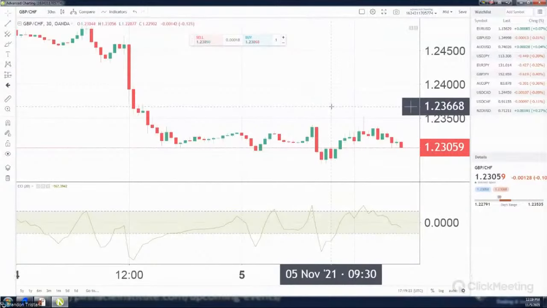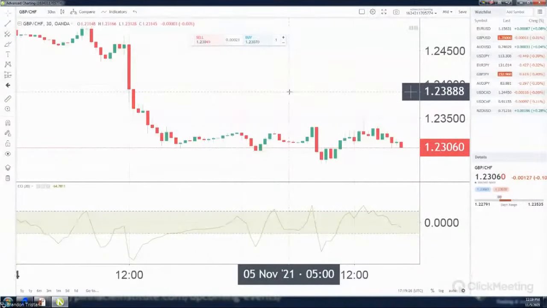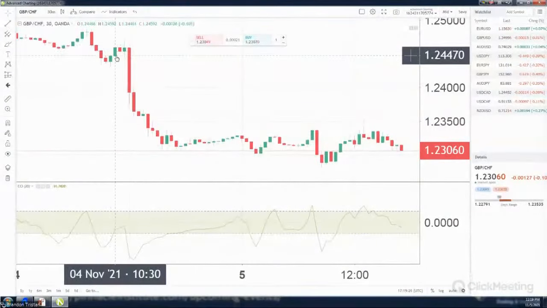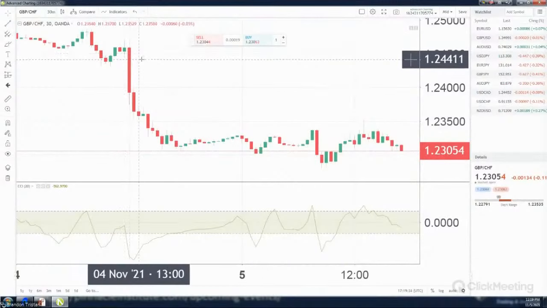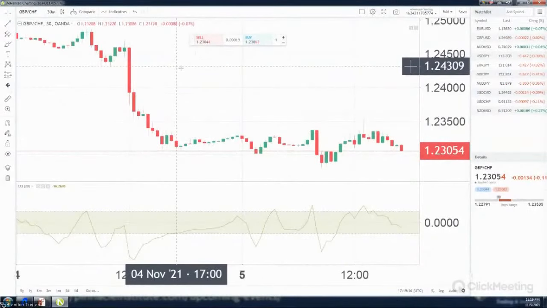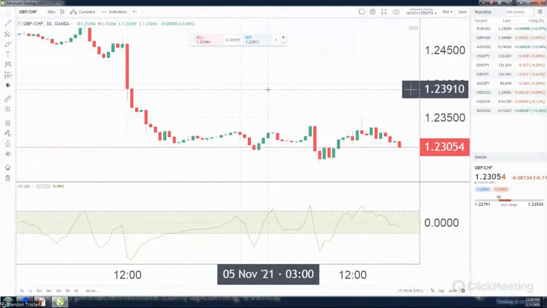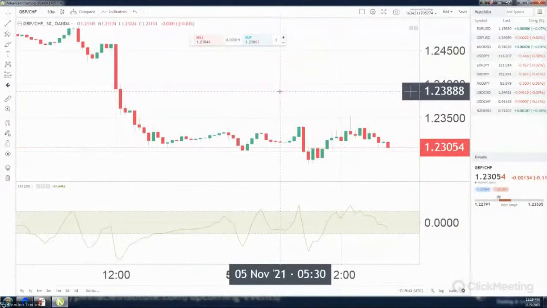Now you could maybe use an 8-day exponential moving average, but you really got to test that as well. Like anything else, some things work and some things don't.